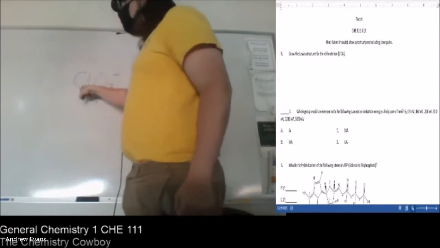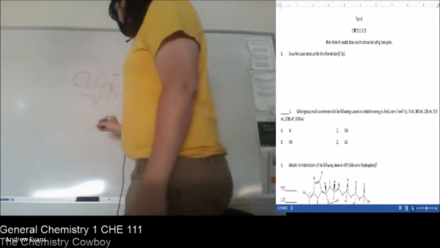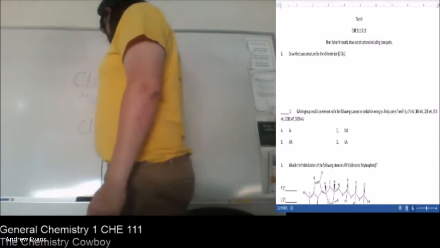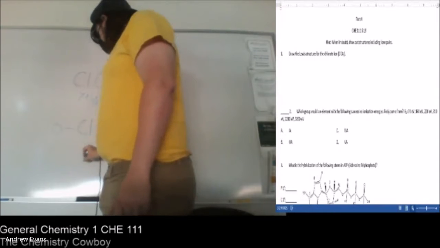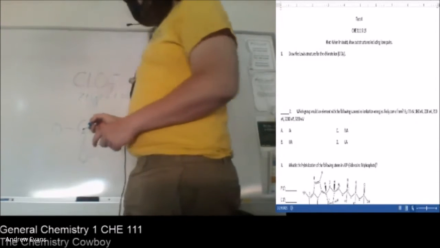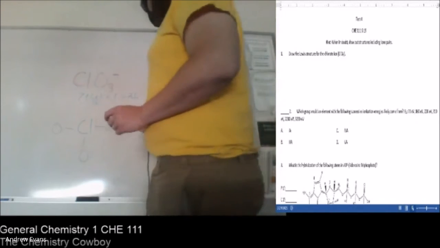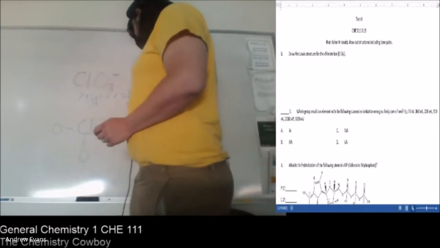We're going to take our first element in the series. That is probably going to be our center element, Cl. We're going to put single bonds to every element off of that, unless it's a bigger compound. So that uses up 6 electrons. We're down to 20.